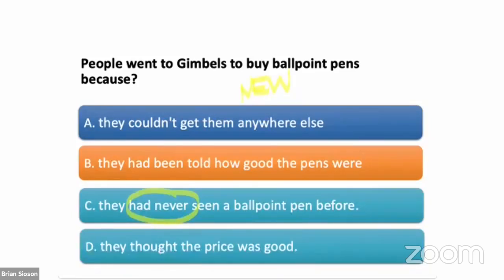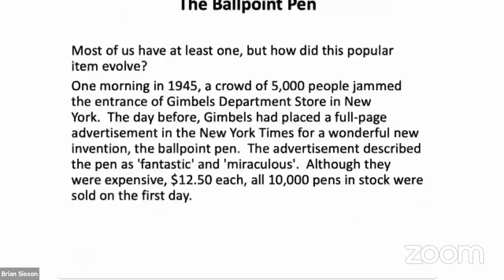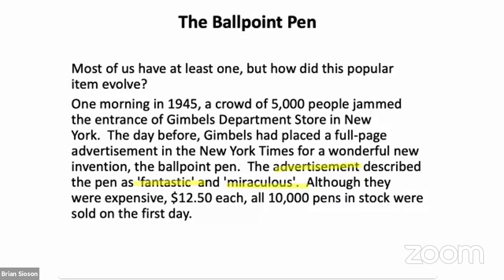So new doesn't always pertain to something that people have never seen before, right? Because it can be new without having to be a totally novel item that people haven't ever seen previously. And although we can assume that people might not have seen them before, that's an assumption. It's not written in the passage.